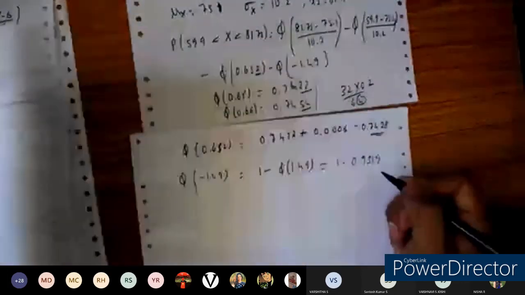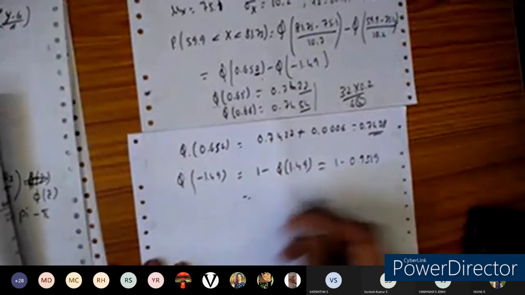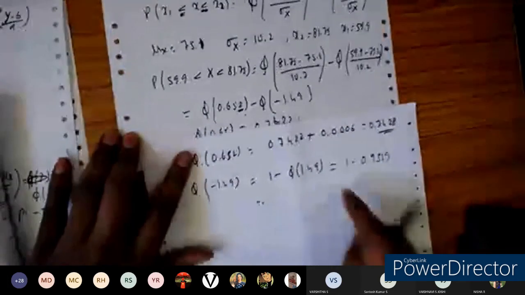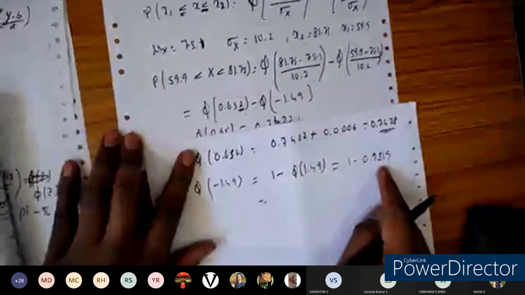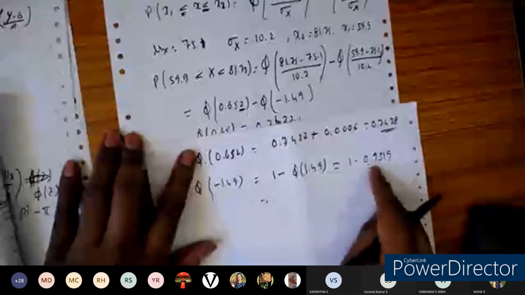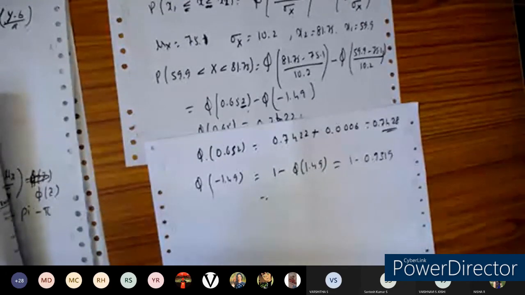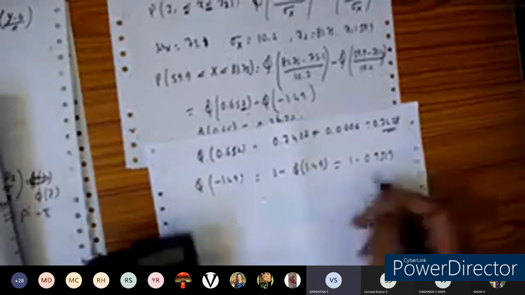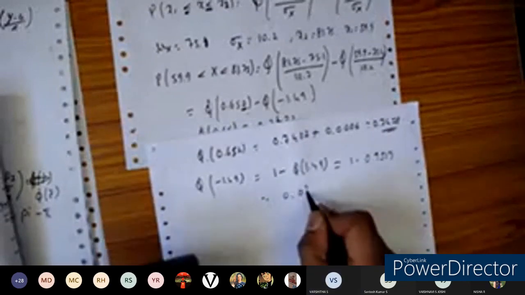So 1 minus 0.9319. Getting the concept now? So we get 0.07 here.